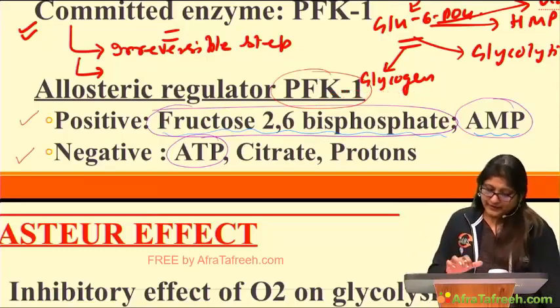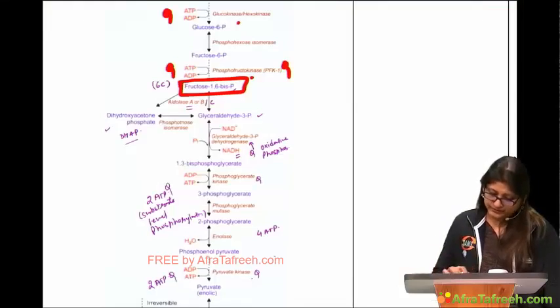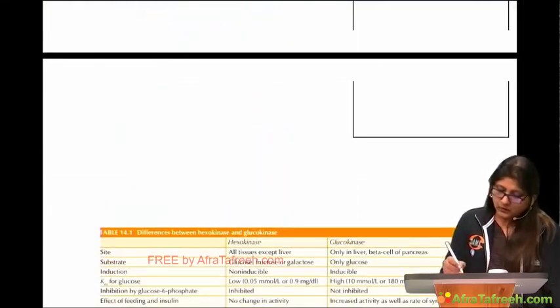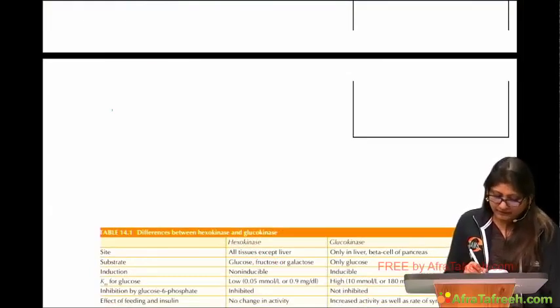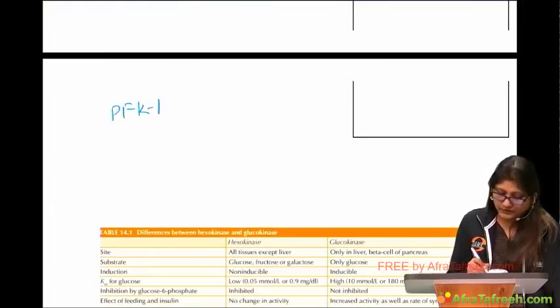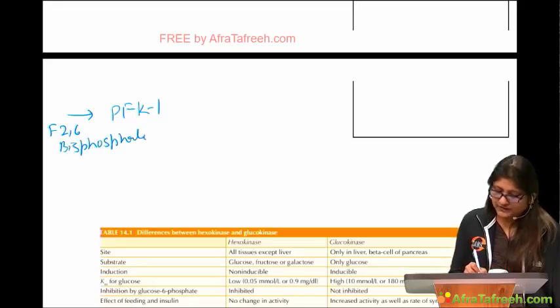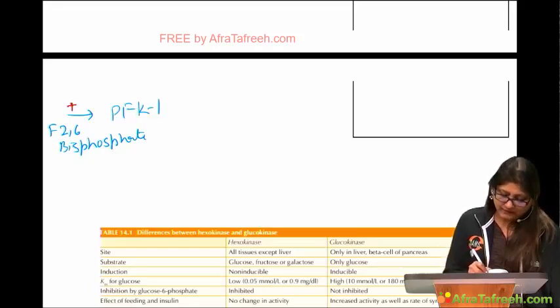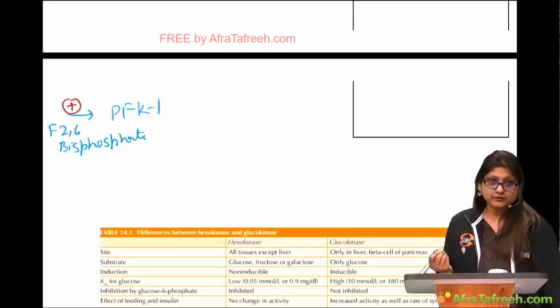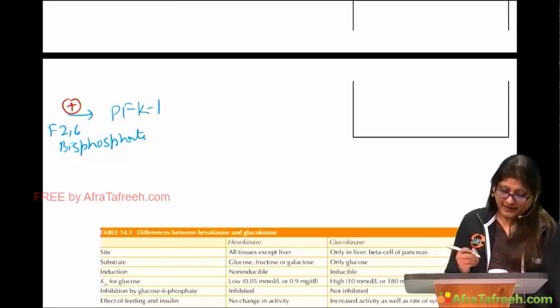And I add here, you write down here somewhere. When we are talking about PFK1, the fructose 2,6-bisphosphate, as you just have seen, is acting as a positive allosteric regulator for the rate limiting enzyme of glycolysis.